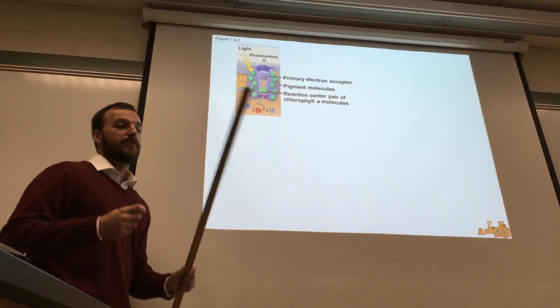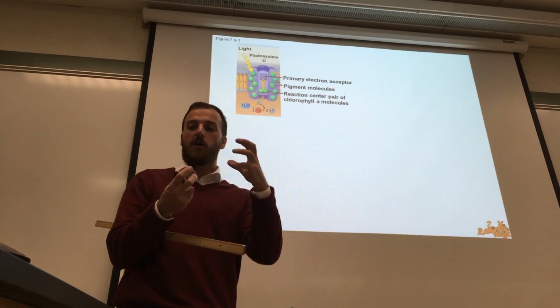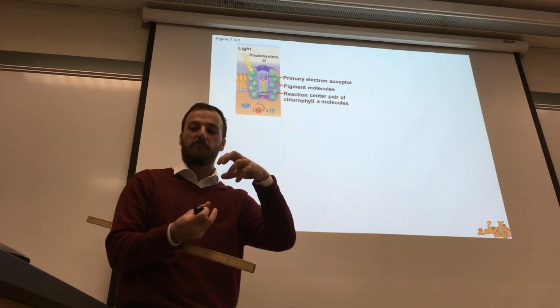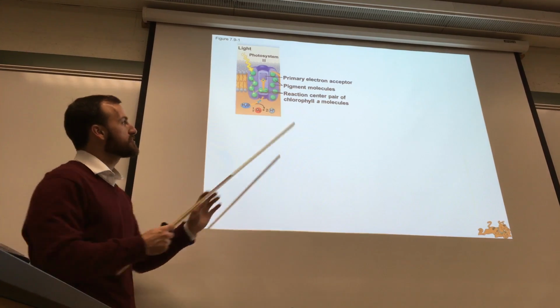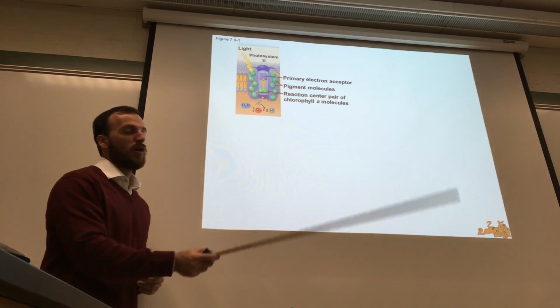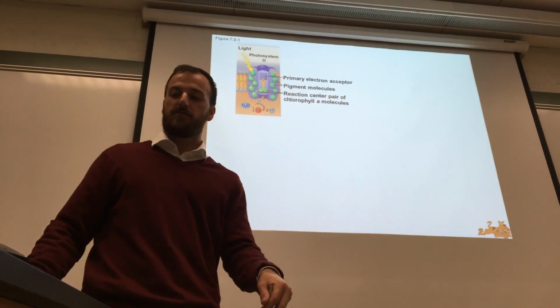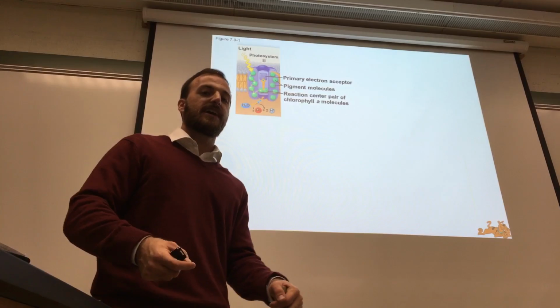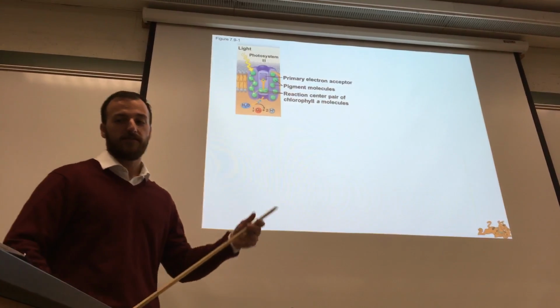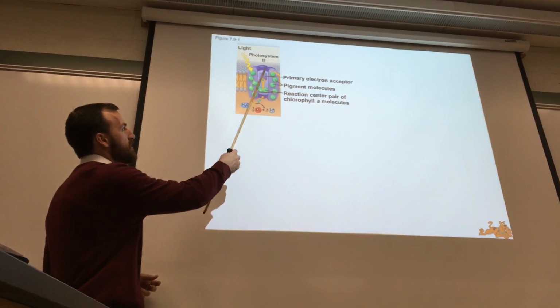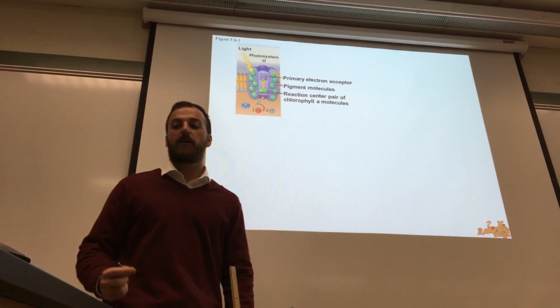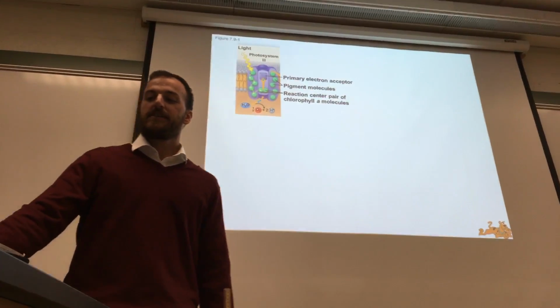Those molecules together are going to vibrate and hit one another until they transfer that energy to our chlorophyll A molecule. That's going to cause the excitation of some electron. That electron is going to travel to a primary electron acceptor.